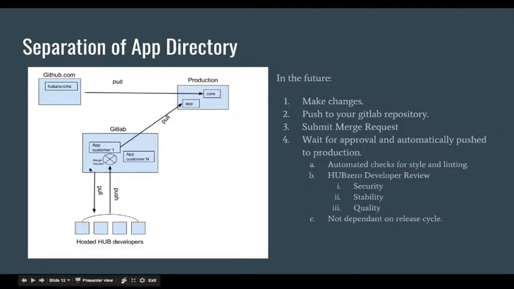We offer private repositories on GitLab.hubzero.org that contain all of your customized code. When you want that to be updated, you go through the GitLab merge request system and ask a Hubzero developer to review that code. Once it's approved, it would get pulled onto production.